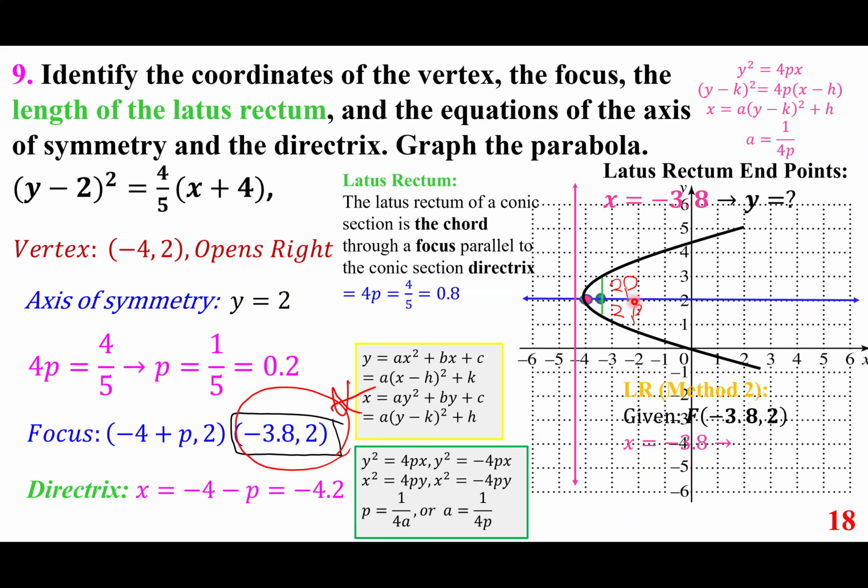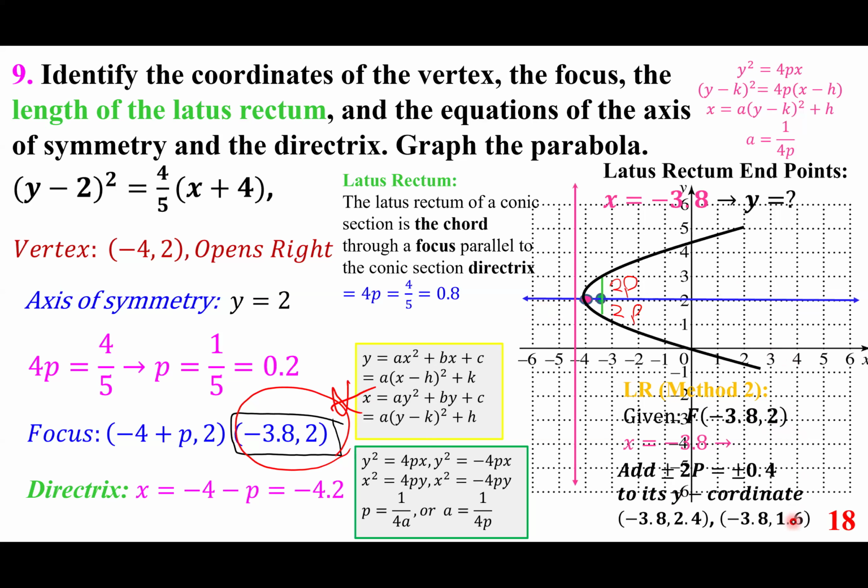So given the focus with coordinates -3.8 and 2, x is -3.8. We're going to go to the right and to the left of that by 2p. That means 2 times 0.2, 0.4. So plus minus 0.4. When we do that, the y coordinate, which is 2, going up by 0.4 gives us 2.4, going down 2 minus 0.4 is 1.6.